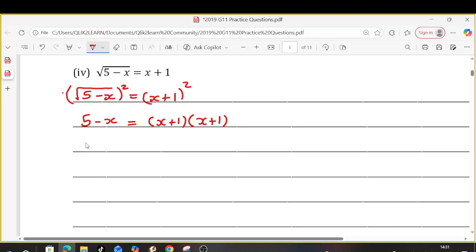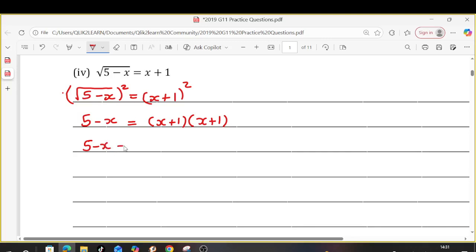So let's work on this. I'm going to say I have 5 minus x. This will be equal to, we need to multiply out the bracket this side, which will give us x squared plus x plus x plus 1. Just to save time, the x plus x, I'm going to write it as 2x.